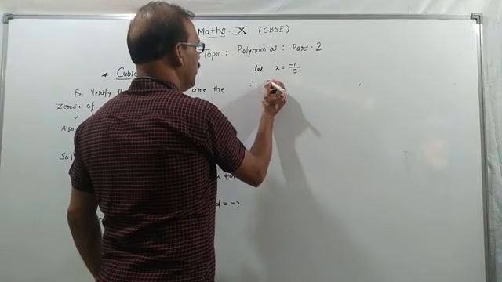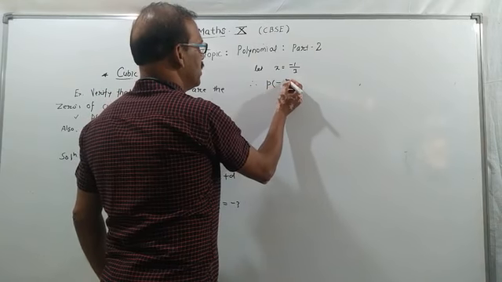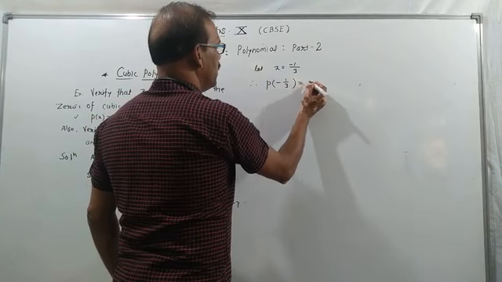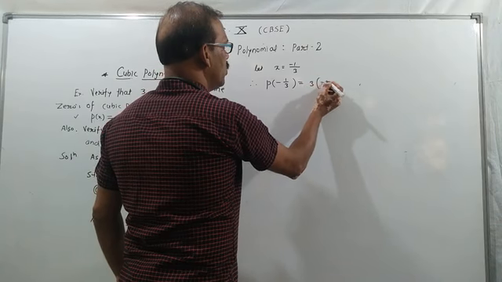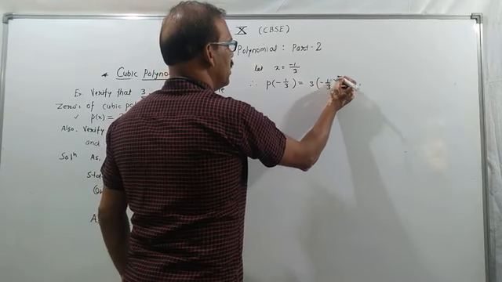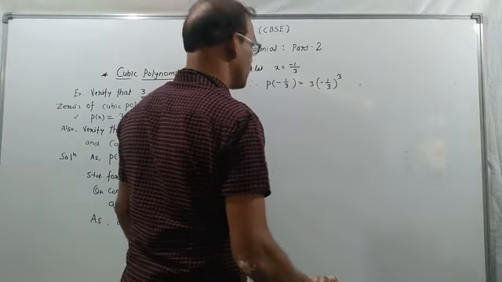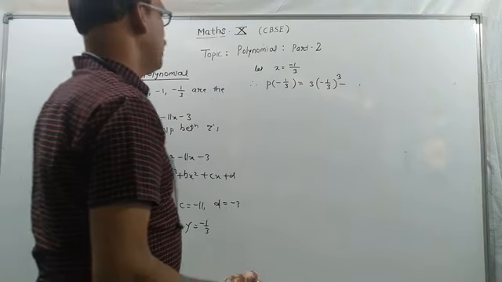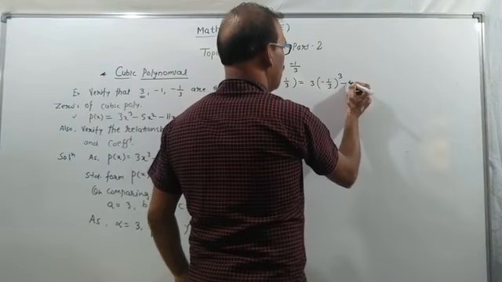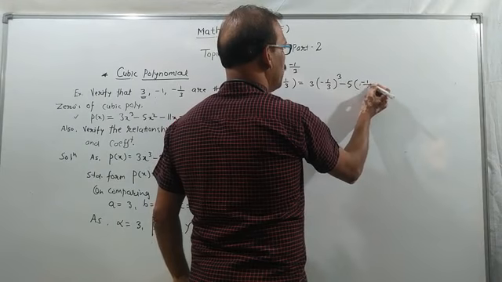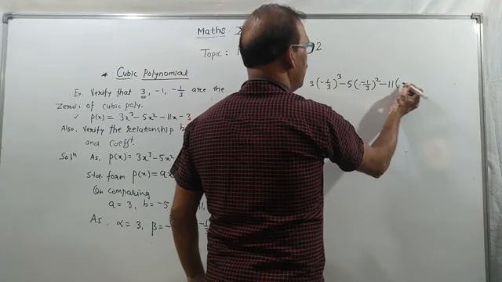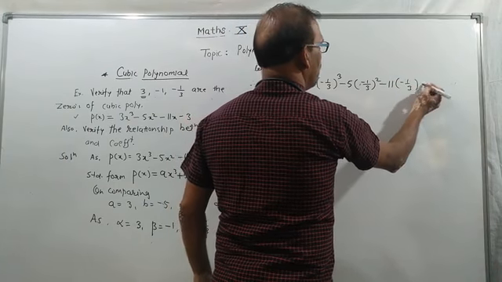Therefore, the given polynomial can be expressed as p of minus 1 by 3 is equal to 3 into minus 1 by 3 the whole cubed, minus 5 into minus 1 by 3 the whole squared, minus 11 into minus 1 by 3 minus 3.